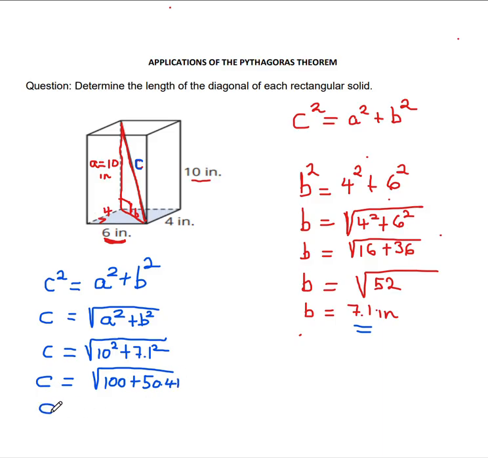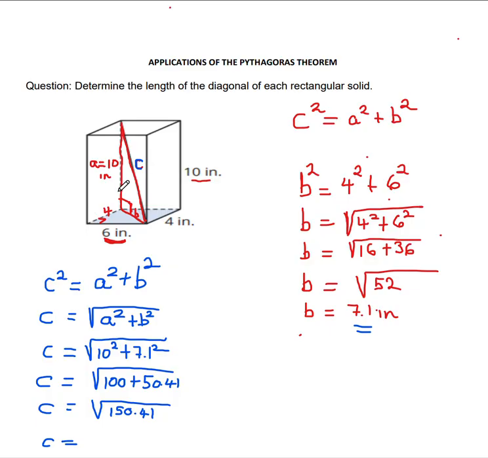So C is going to be equal to the square root of 100 plus 50.41, which is 150.41. And that's the missing length. The square root of 150.41 inches is the length of the main diagonal marked using the value of C here in the right triangle.